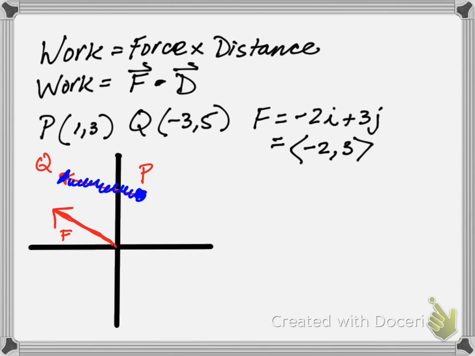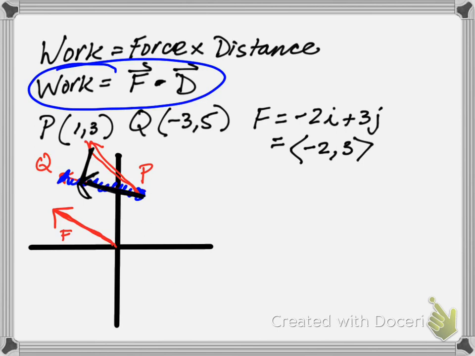So I would want to take this Q to P, and then I'd take F and say that F is this vector here relative to P and Q, and then I need to find its projection onto this, so I need to find out how much that vector is and the distance from P to Q. So you see it's getting really involved. But this guy here makes it really easy, that work is force times distance, and work is also F dot D, makes this a piece of cake.